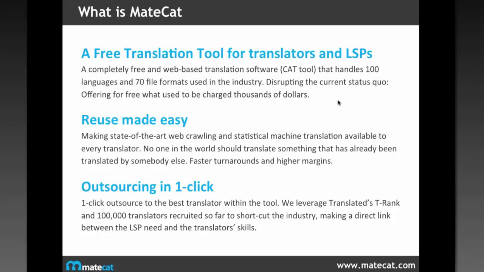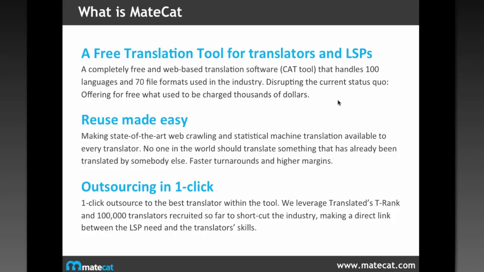It supports mostly any language pairs, and 69 file formats that we use in the industry, so pretty much anything you come across, you can translate with MateCat. What we're trying to do is disrupt the current status quo. Translation technology nowadays can be charged thousands of dollars a year. Now we are offering that for free.